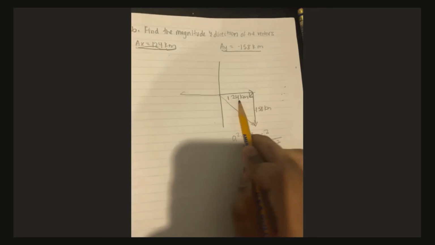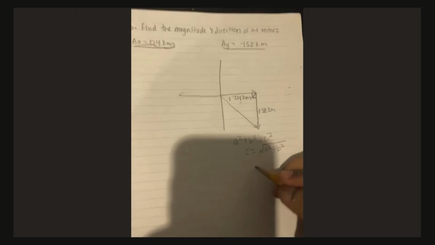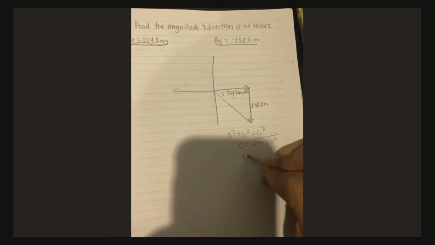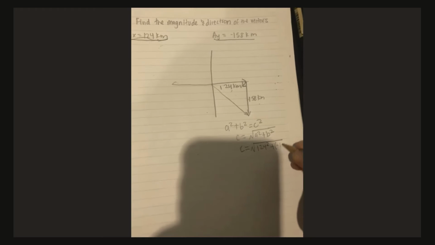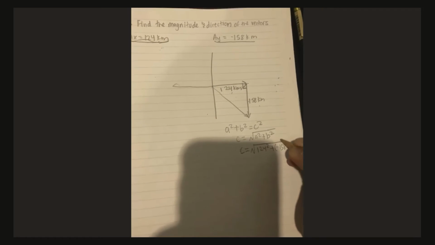Our a is our x value, which is 124. So c equals the square root of 124 squared plus, what is our b value? Our b value is negative 158. So negative 158 squared. Whenever you square it, it's going to end up becoming a positive number. So we're going to try to find the square root of that.